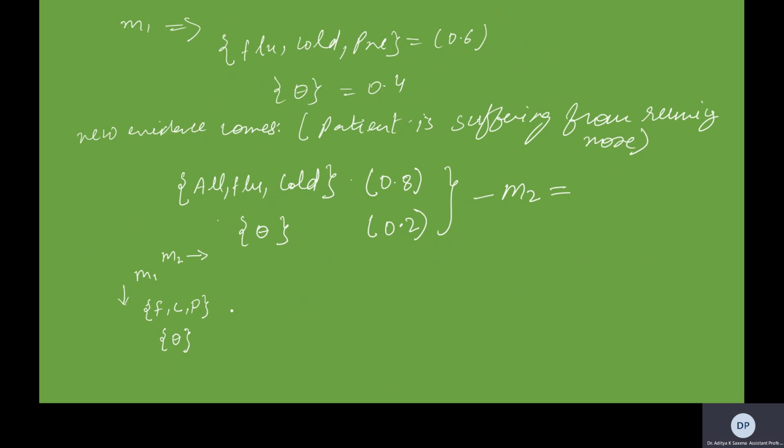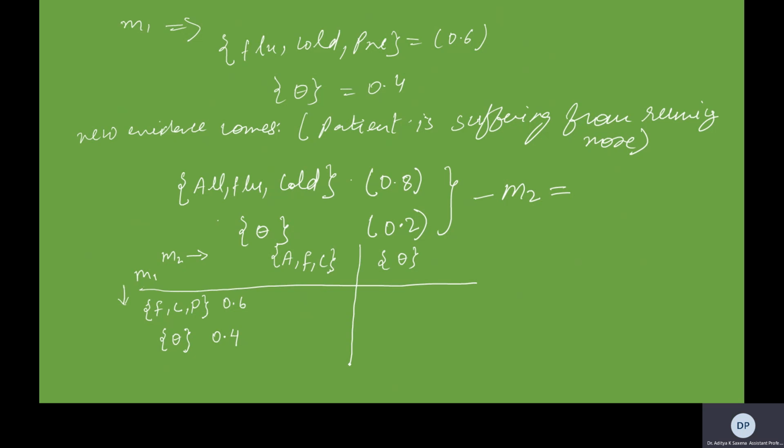What are its belief values? For FCP it is 0.6 and for theta it is 0.4. Now M2, you write it. For M2 we have allergy, flu and cold, and we have theta. So we can have such a table.